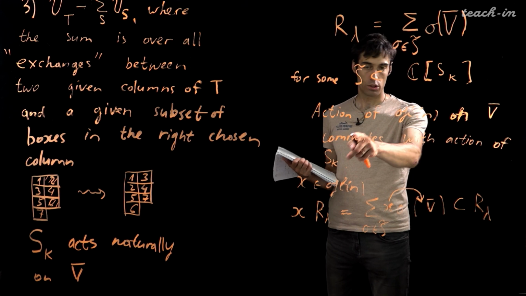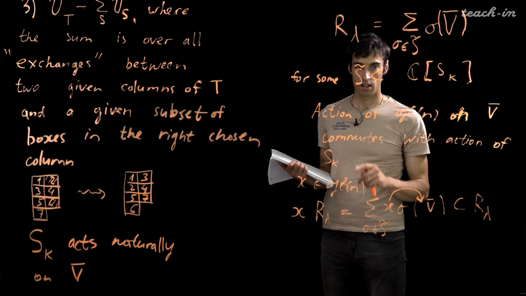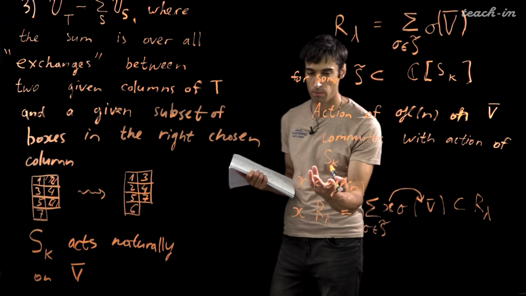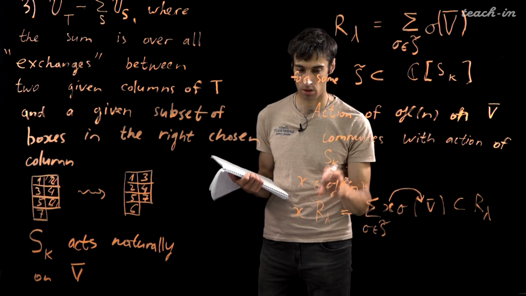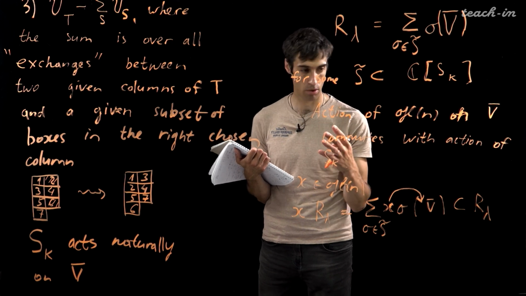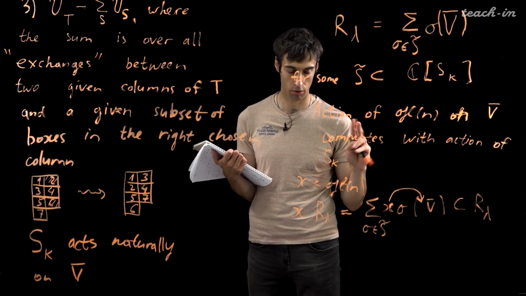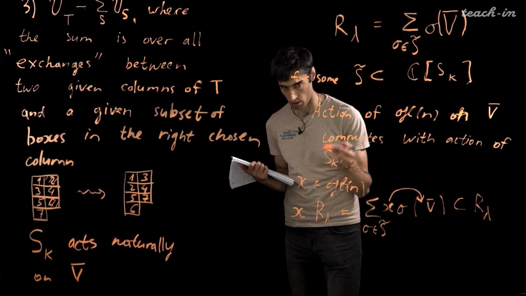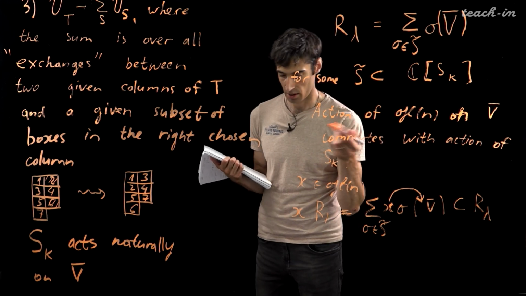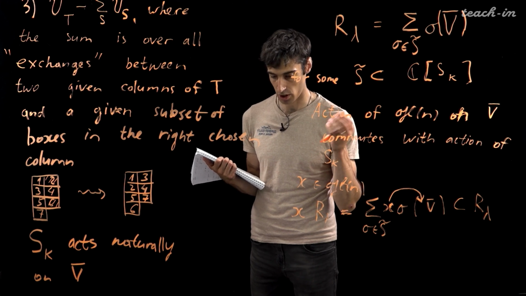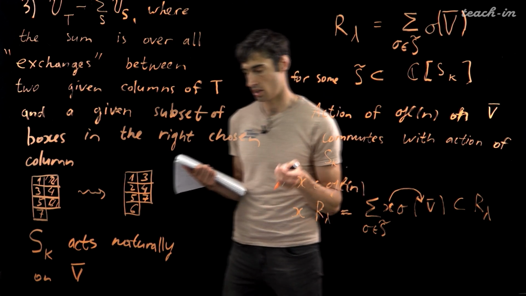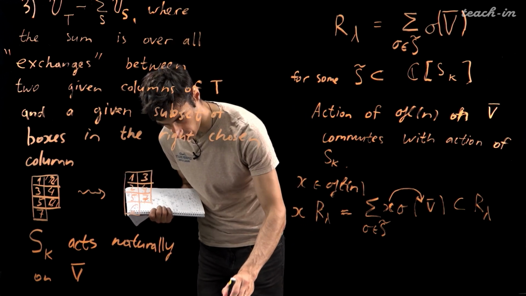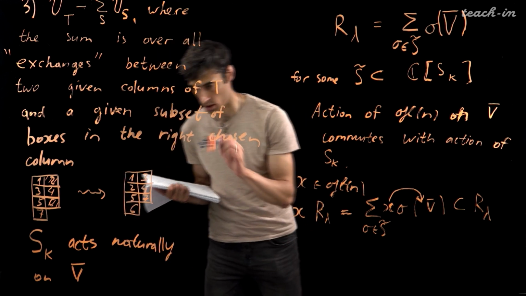So you might also ask why the action of Sk commutes with the action of GLN. Well, you just need to remember how GLN acts on V bar. Just remember the formula and see that this formula is actually the same if I try to permute tensor factors in V bar. The formula stays the same when I permute tensor factors.